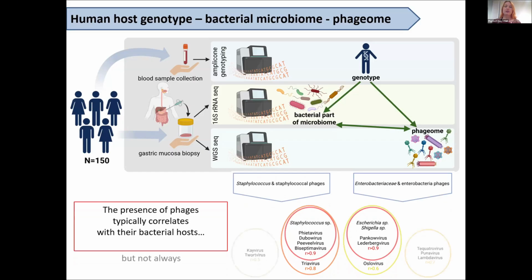However, we also observed that some phages were definitely present, but not really correlated to their bacterial hosts in the same people. This was a little bit unexpected, but it tells us that there are also other factors that determine phage presence in human microbiomes, not necessarily whether the bacteria are available there.